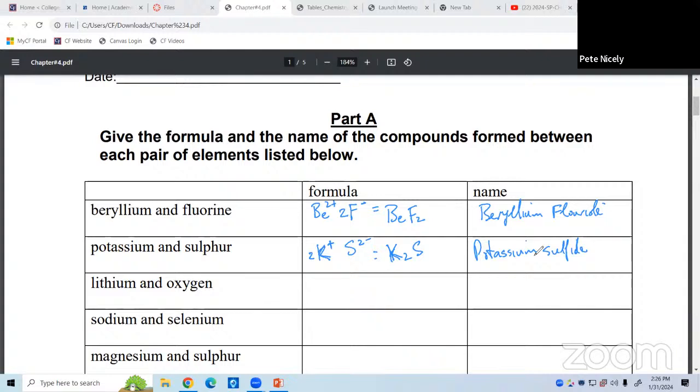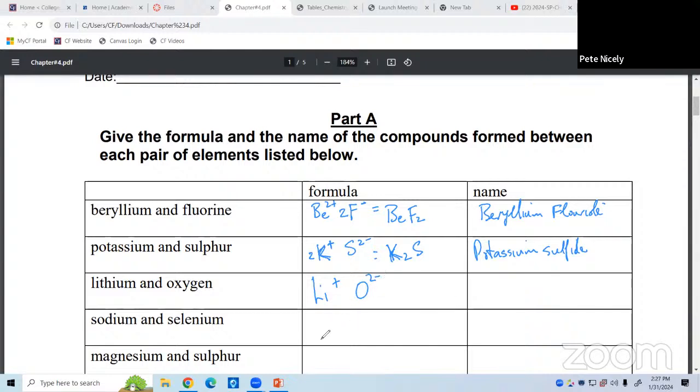All right. So let me hear what you have to say for lithium and oxygen. What's the charge carried by the lithium ion? +1. And what's the charge carried by the oxide ion? -2. -2 or 2 minus, same thing.